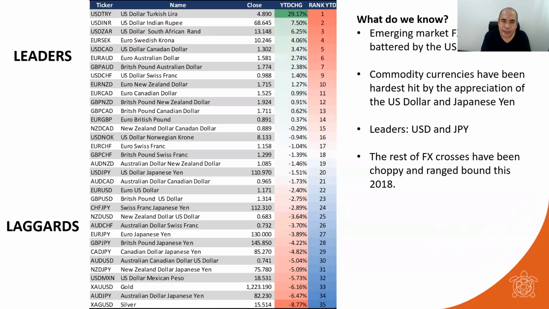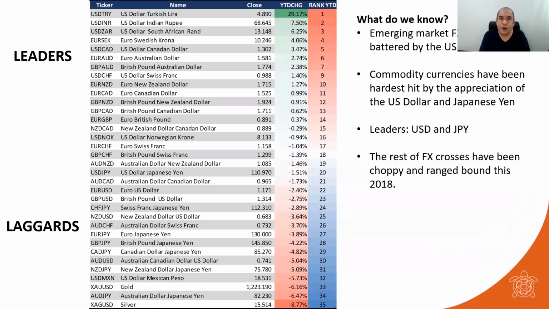So right now, silver is followed by the Australian dollar, Japanese yen pair, and then gold, and then the US dollar, Mexican peso. But what you'll realize is that even though the Mexican peso is down 5.73% year to date, at one point it was one of the currencies that was affected by what was happening to the Turkish lira. It was also being affected by the strengthening of the US dollar.